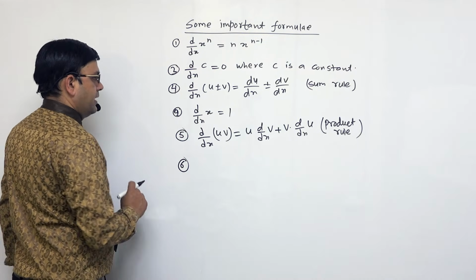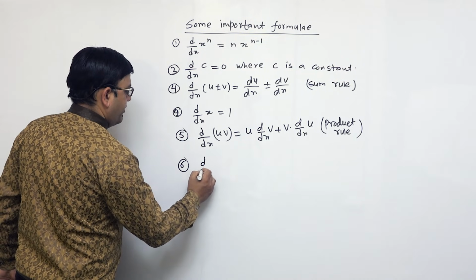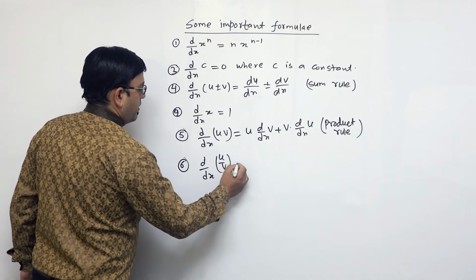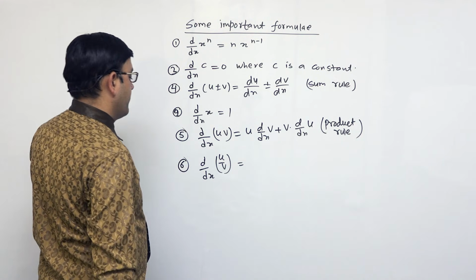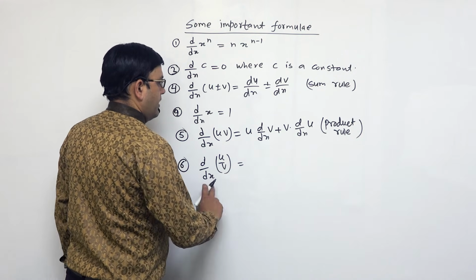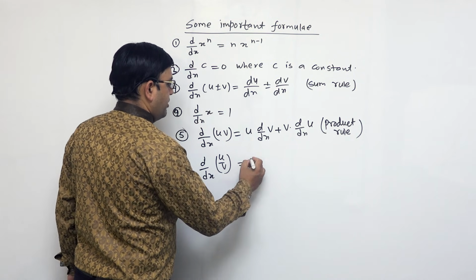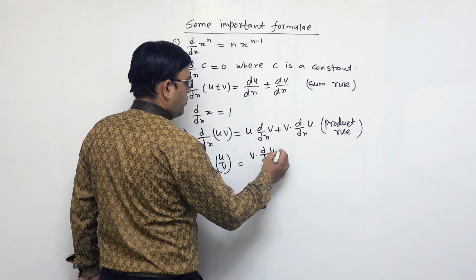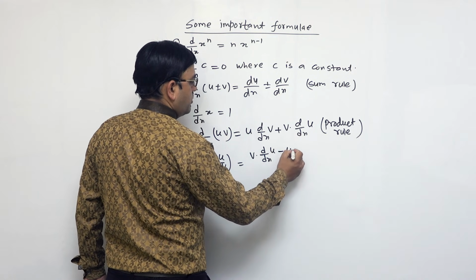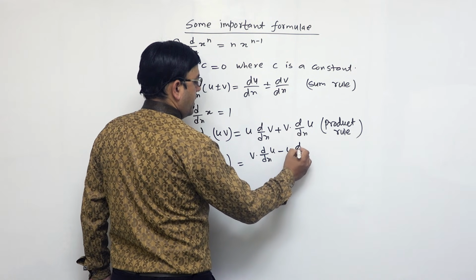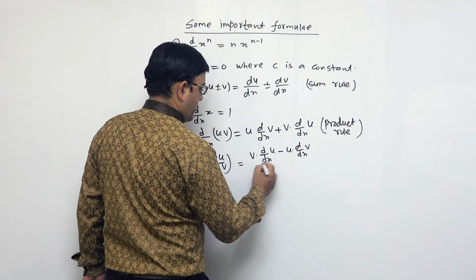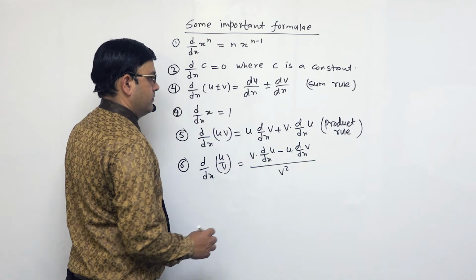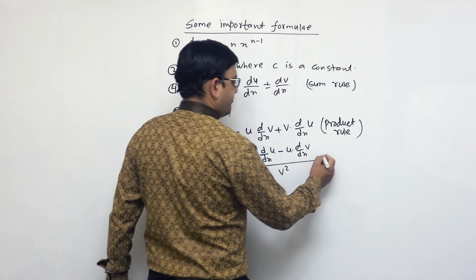In formula number 6, d by dx of u by v is equal to, look, in this case what do we write? v times d by dx of u minus u times d by dx of v, whole by v square. This is the quotient rule.